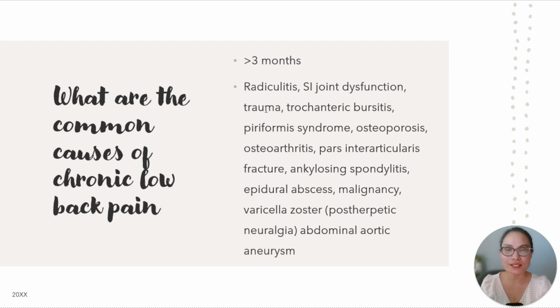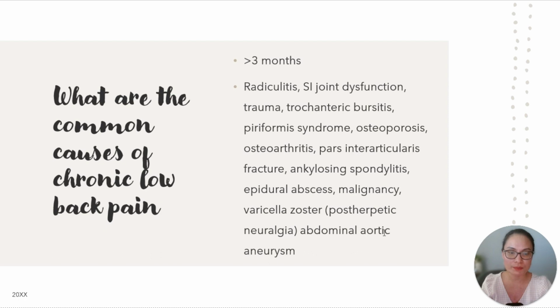The common causes are radiculitis, SI joint dysfunction, trauma, trochanteric bursitis, which can present as lateral hip pain, piriformis syndrome, osteoporosis, osteoarthritis, pars interarticularis fracture, ankylosing spondylitis, epidural abscess, and malignancy. Mets to the bone can cause pain, and compressing the surrounding area can also cause pain.